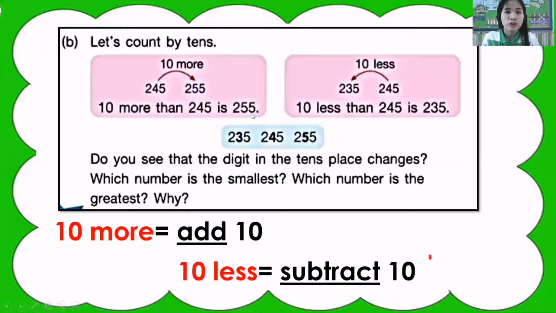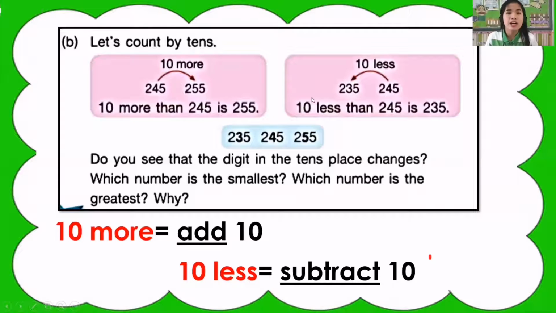Okay, let's proceed also to 10 less. Meaning, you are going to subtract 10. So we have here 245. 245 minus 10, that is how many? 235.